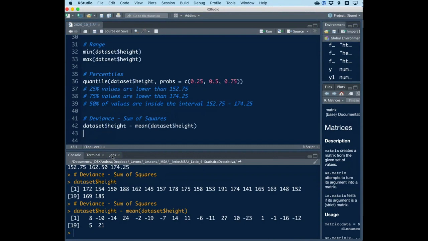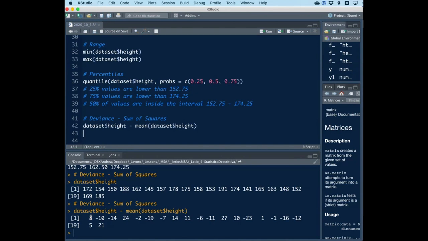So for example, the first value is 8 units above the mean. The second value is 10 units below the mean, right? So these are the distances from the mean. Of course, if the distances are high, the spread is high. If the distances are small, the spread is small.